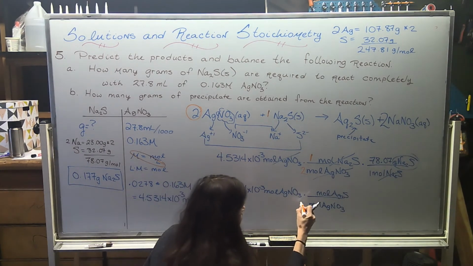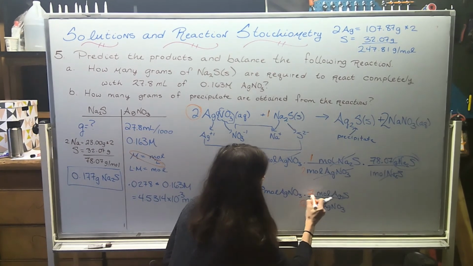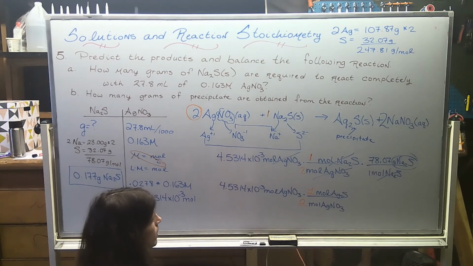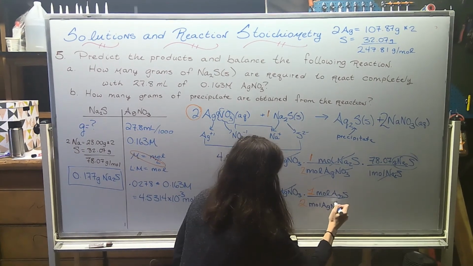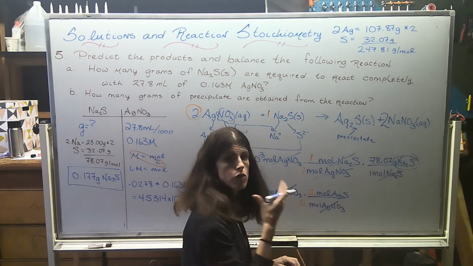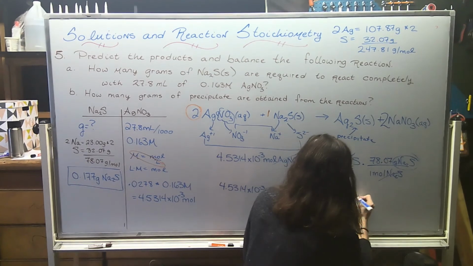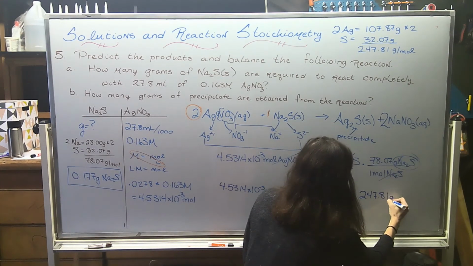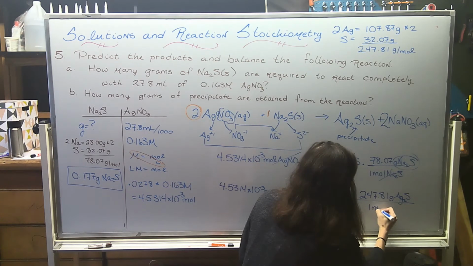So I have 2 moles of silver nitrate for every 1 mole of silver sulfide. And just like in the previous example, we can take this one step further since they wanted us to solve for grams. So I'll do 247.81 grams of silver sulfide per 1 mole of silver sulfide.